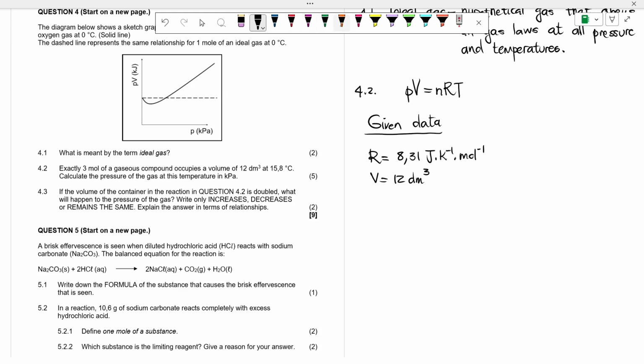One thing, I know we didn't do this because I thought you only do Boyle's law. This one is not Boyle's law, it's the ideal gas law. But one of the most important things for using this equation is the units. We need to use SI units.